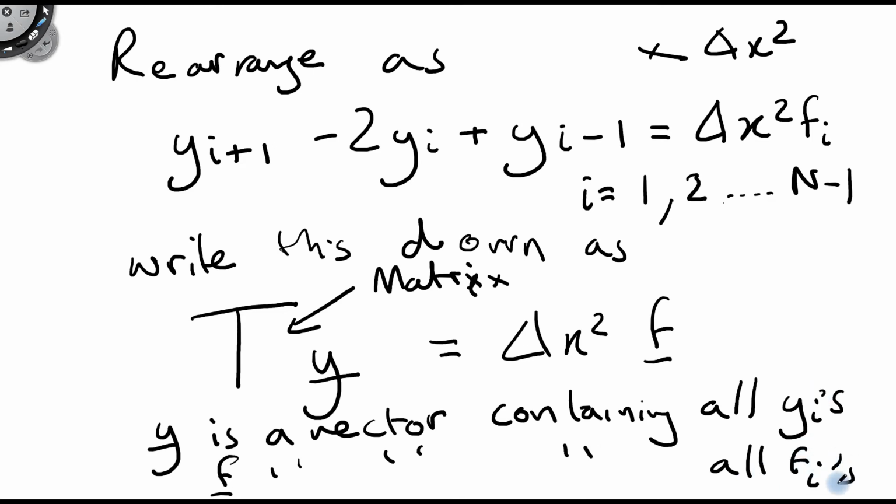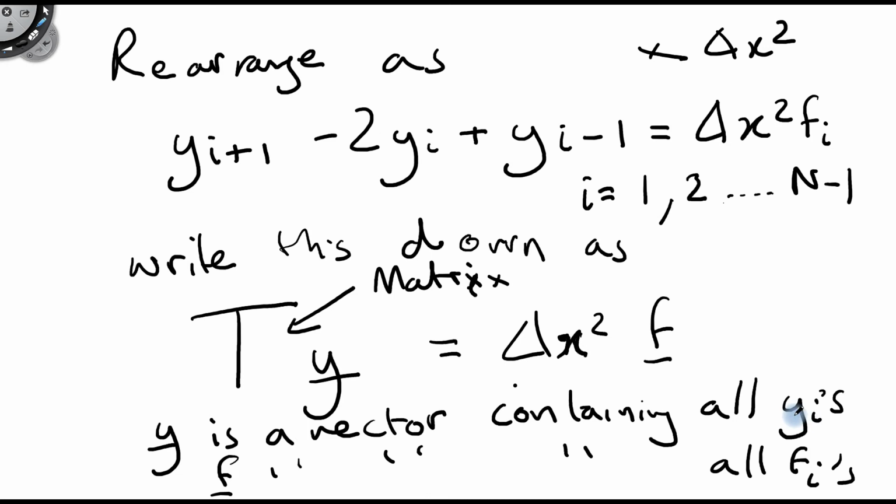Of course, delta x is fixed. It's just your grid length, a constant. So you can see, there's a reason it's called a T, and I'll make it clear as we go through, that if we could invert this matrix problem, invert T, then we get y, a vector containing all the y's, so we get our solution.